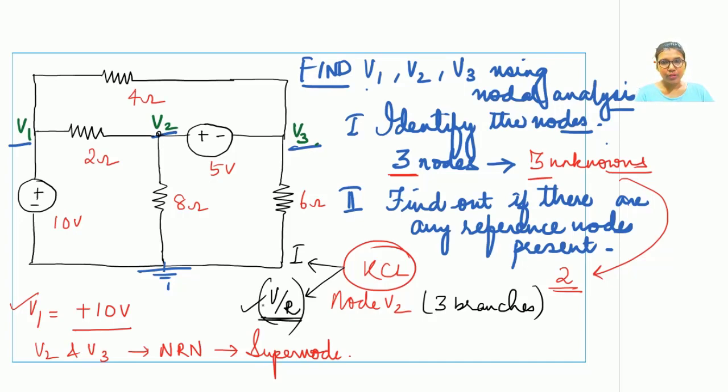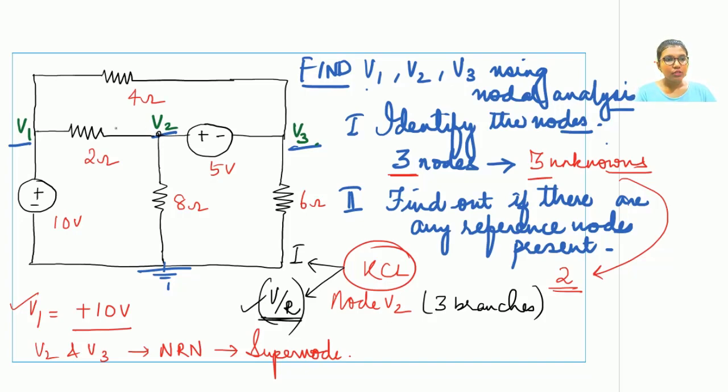There is no other way. At the same time, the number of branches should be equal to the number of terms in the equation. If for any chance one is not able to write the equation for a particular term in the KCL equation, then the term cannot be written and one has to drop it. So these are the 2 important things that we have already studied in our previous video lecture. So let us start writing the KCL equation at node V2.